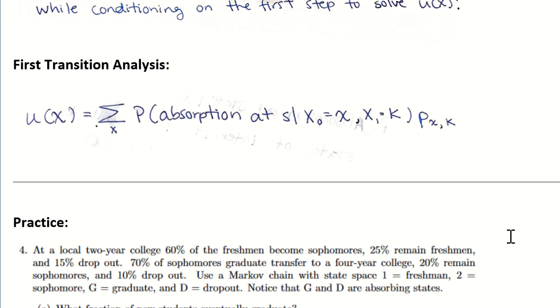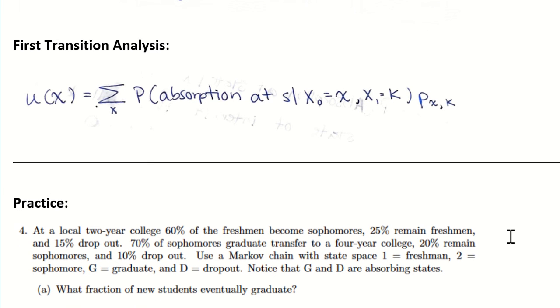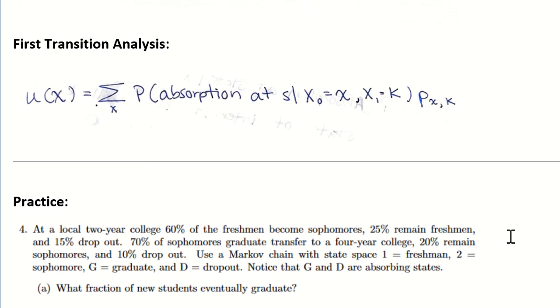And notice that G and D are our absorbing states. So our question is, what fraction of new students will eventually graduate? This is what fraction of freshmen will eventually end up in state G for graduating.